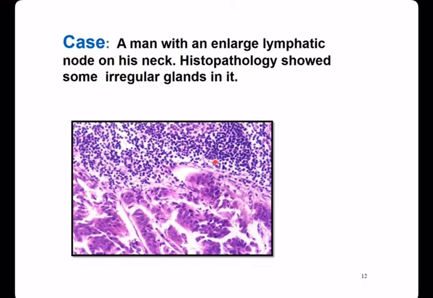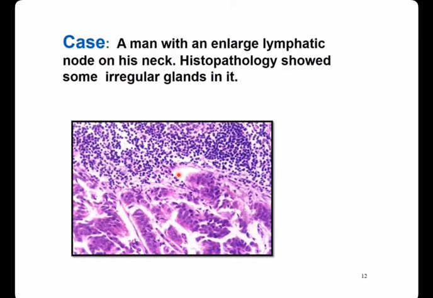The HE stained section of this mass showed it was a lymph node, but some additional glands were found in it. They are here. We all know there should not be any gland structure in a normal lymph node, so that must be a metastasis of malignant tumor.